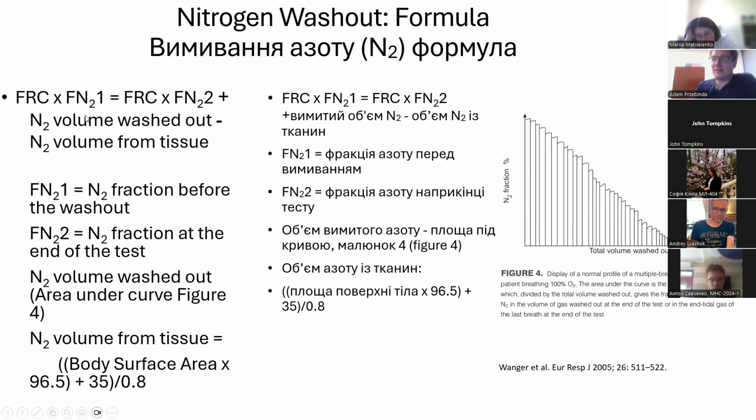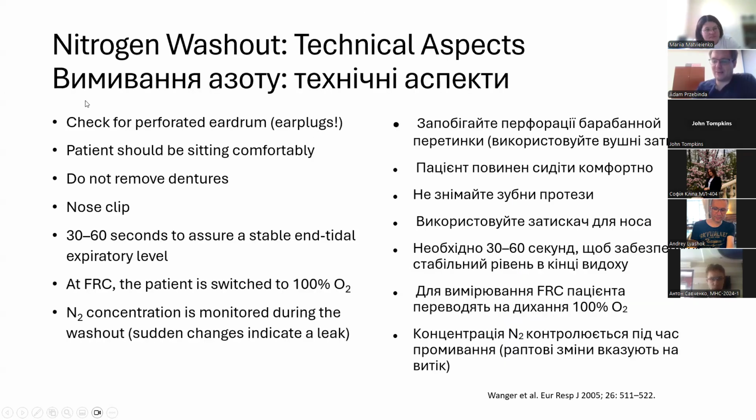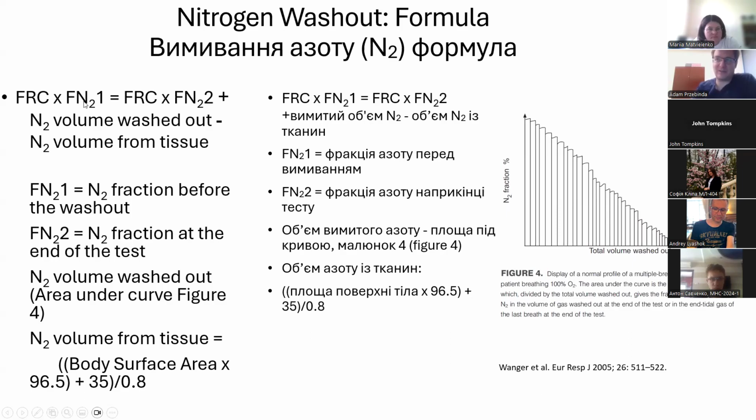The equation, the formula: you do this maneuver at functional residual capacity, basically. So this volume multiplied by the fraction of nitrogen at the beginning, let me go back, which we know is 78%, is going to be equal to the volume multiplied by the fraction of nitrogen at the second point, plus the volume of the nitrogen that has washed out.